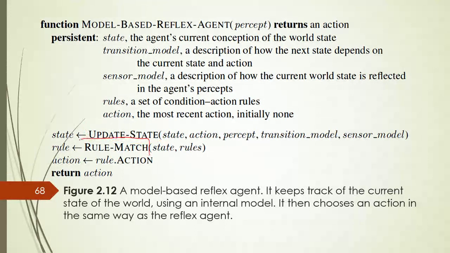It runs another subroutine to find the match for the rule: based on the rules and state, I'm in this situation and I have this set of rules, which rule has the best match to my move, and based on that rule, I take an action. That's the pseudocode.